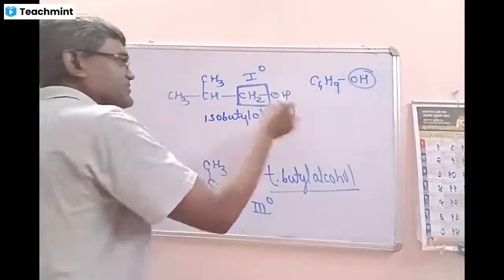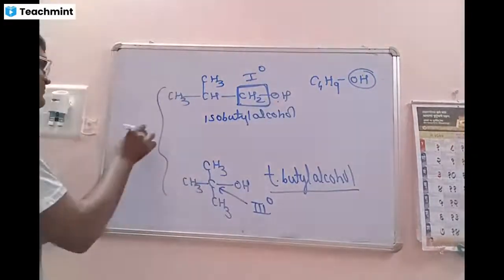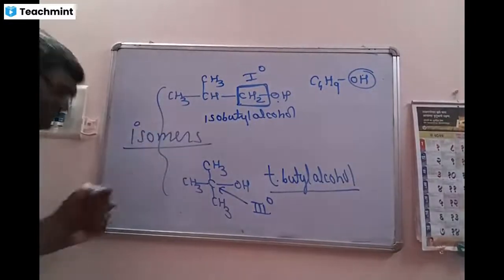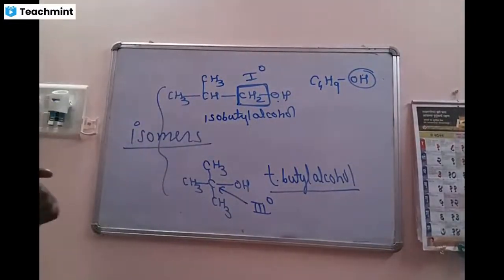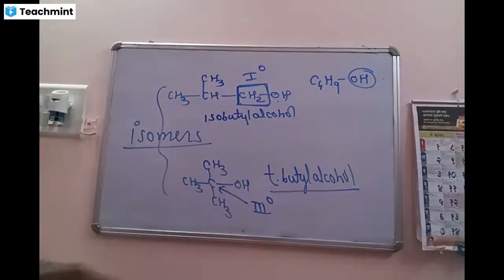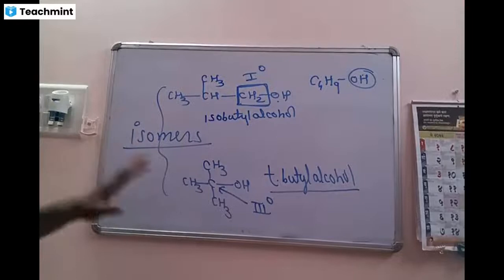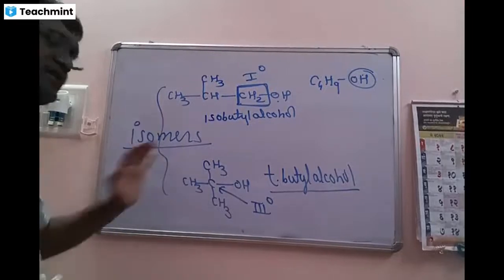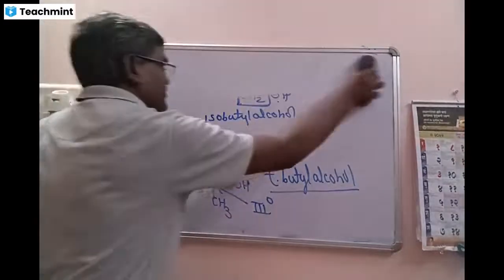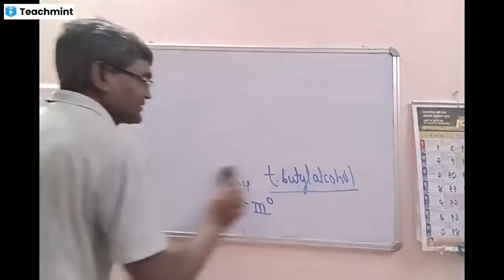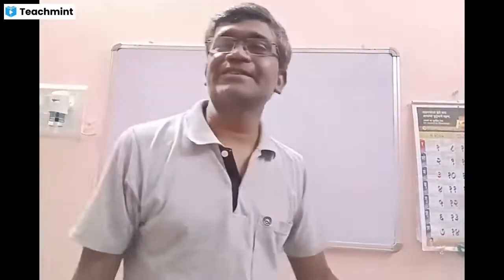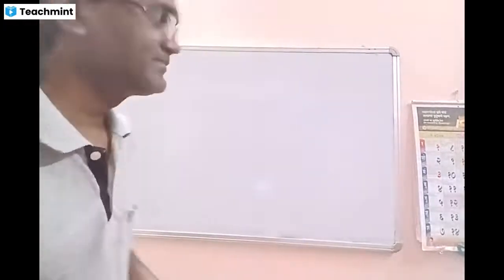These two compounds are called isomers, having the same formula but different structural arrangement. Both of them are alcohols. So I think there is a need for revision of the 8 alkyl groups. Unless you know all this very confidently, you can't say this is that compound particularly.